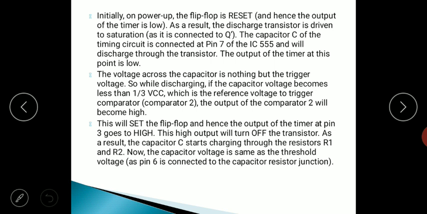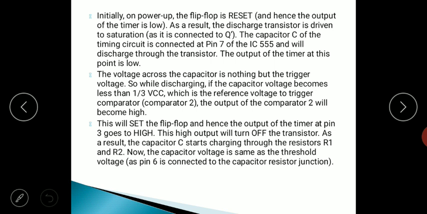The capacitor C of the timing circuit is connected at pin number 7, and it will discharge through this discharge transistor. Sorry, when the Q output is low, Q bar is high, and that Q bar is connected to the discharge transistor, so the transistor will be driven into saturation.